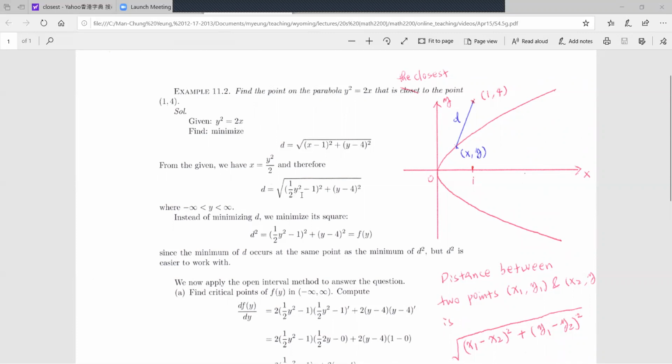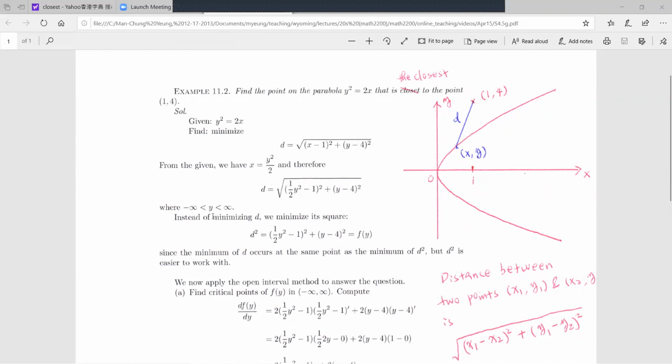Here, y is the independent variable. y is not a function. d is a function of y. d depends on y, but y is the independent variable. The range for y is from negative infinity to positive infinity. That means that y can assume any number from negative infinity to positive infinity.